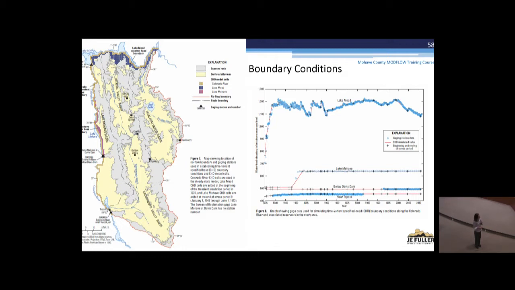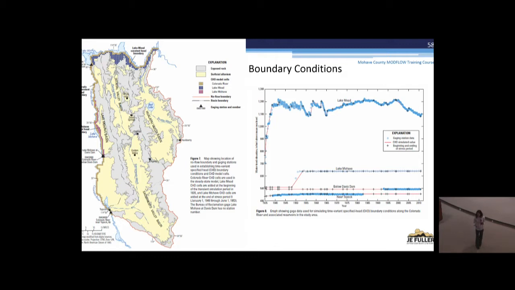This was historic water levels in Lake Mead, I believe. I really can't read this, so yeah, Lake Mead, Lake Mohave, and okay, thank you. Sorry, I can't read it. But anyway, these were prescribed fluxes that were used as boundaries to the model system.